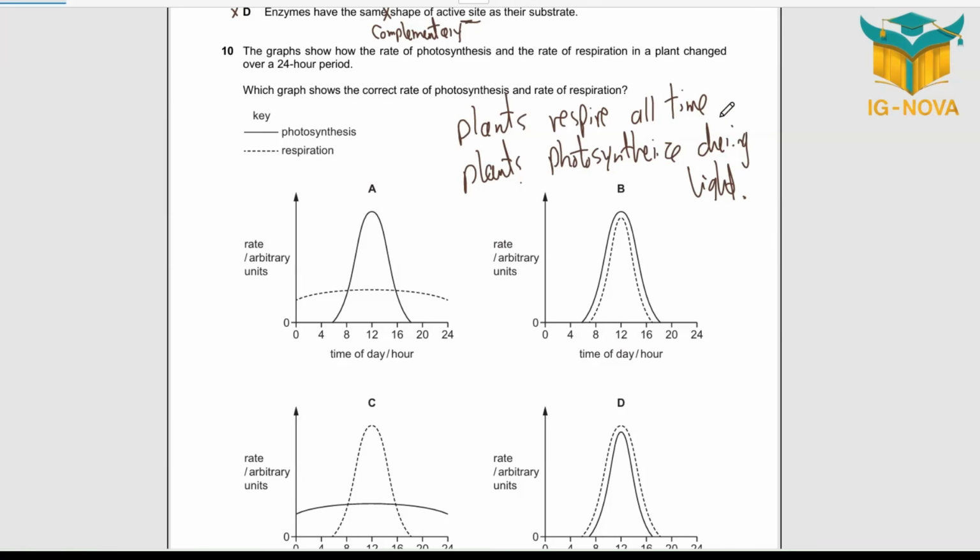Plants photosynthesize if you give them light, sunlight or room light, whatever the light is. We need a source of energy. So respiration occurs all the time. Definitely the rate of respiration increases a little bit during daytime because of higher activity. But the respiration curve should be flat, no change, because they respire all the time. So look at the respiration graph, it should be flat. Okay, so A.